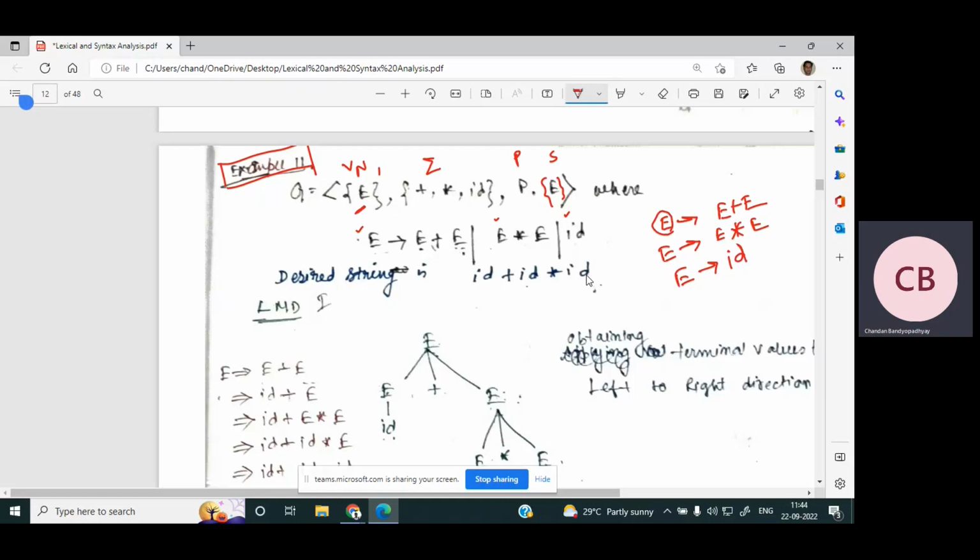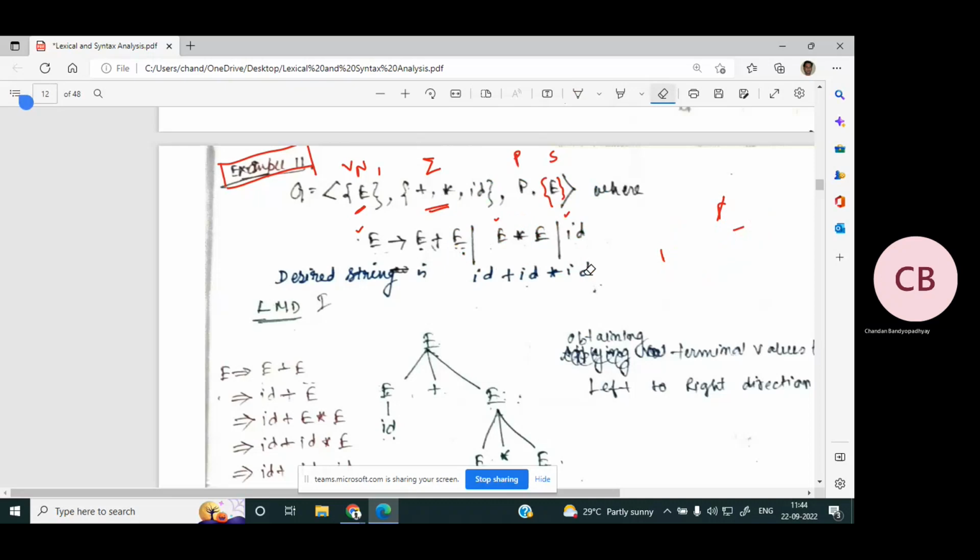If I eliminate all the E segments, what is left is plus, star, and ID. These tokens cannot be expanded, so they are categorized as sigma. That's why these are called terminals. I already discussed this in the last two classes, but I have discussed it again. Now here our point will be this; let me erase this segment so that I can write over here.